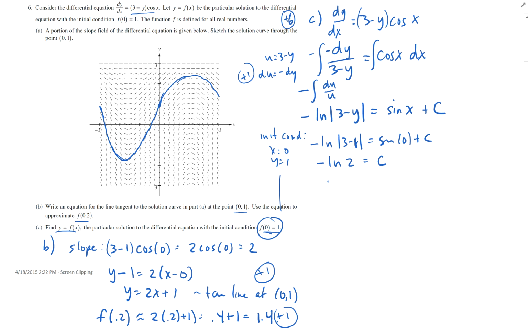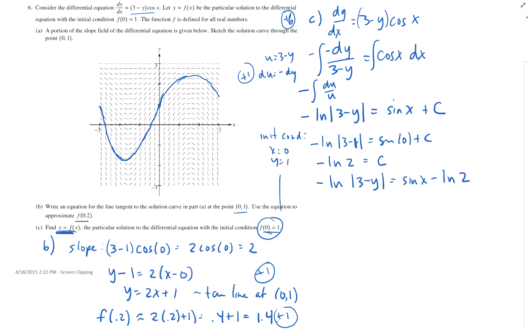So now I've got this: minus natural log of the absolute value of 3 minus y equals sine of x minus natural log of 2. Now, I've got to solve this for y, because it asked me to.